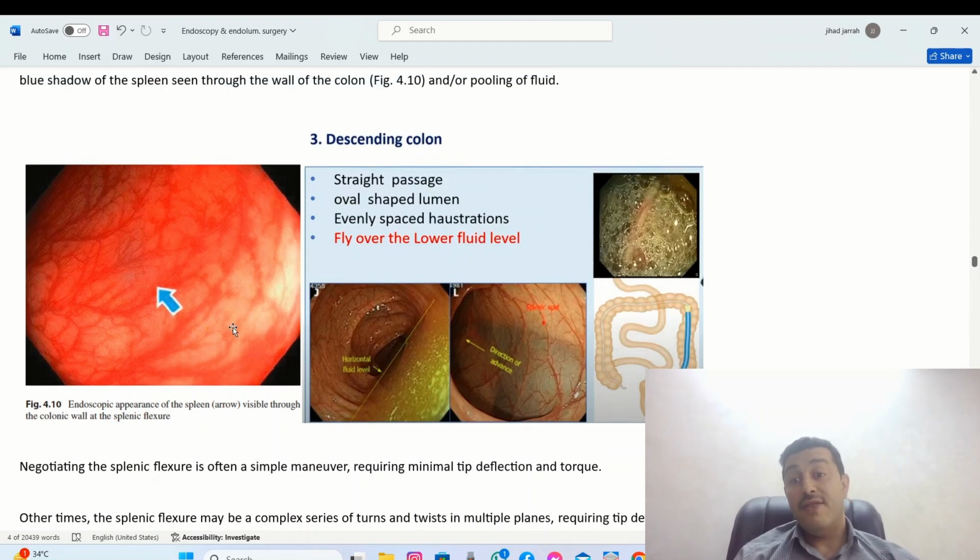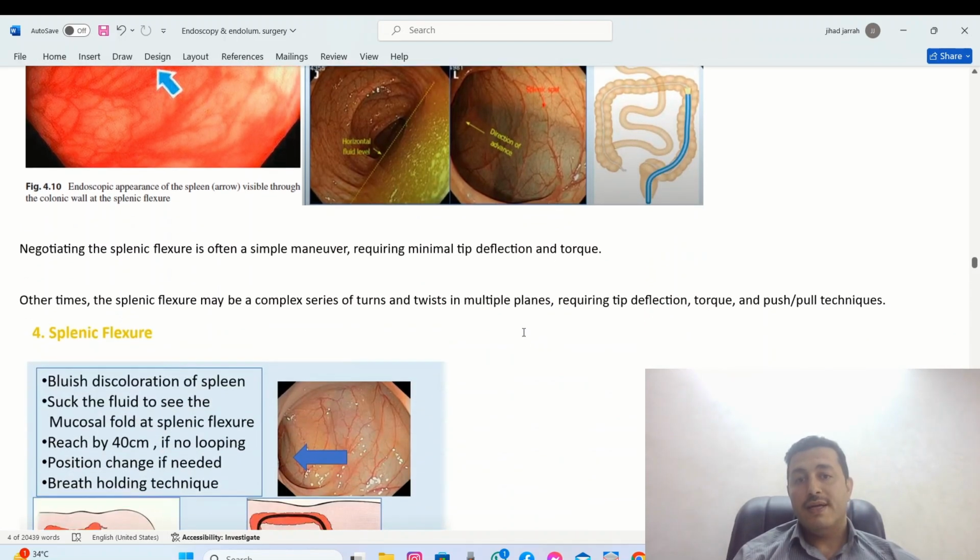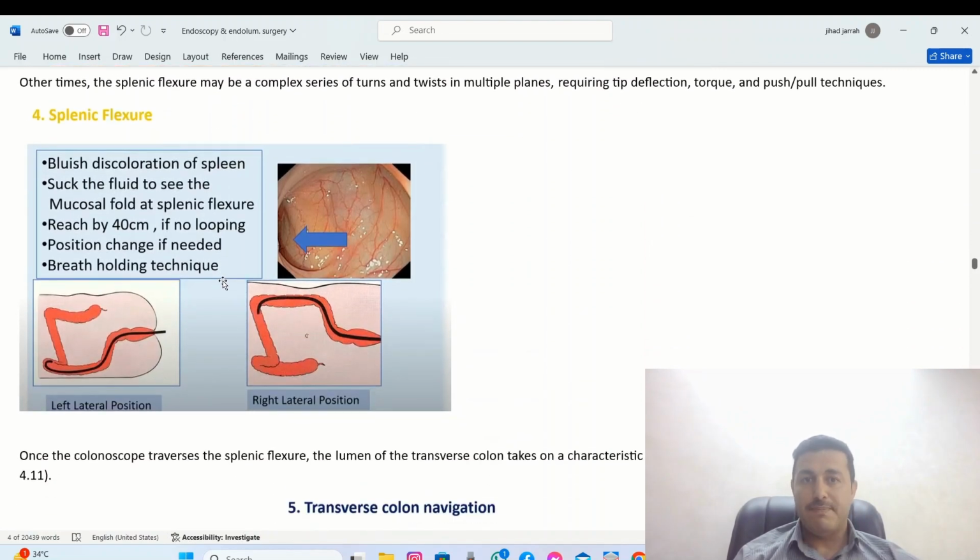You can see at the last part of the descending colon the splenic flexure, and you can see the shadow of the spleen. You can see here, this is the shadow of the spleen. So this is one way to ensure that we reach the splenic flexure.